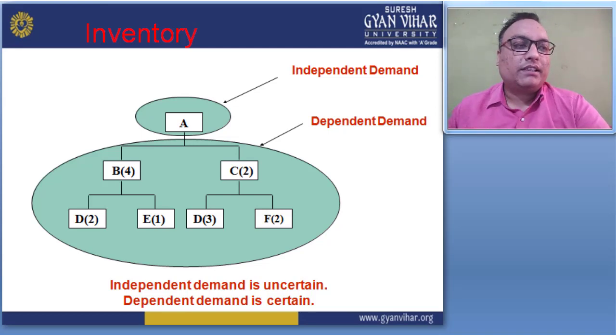And in this case, suppose inside this big ellipse, this demand affects the D2 and E1 strategies also, and here is D3 and F2 strategy, it will affect C2. Here is B4, but all these strategies are connected to A, but here A is the independent demand.